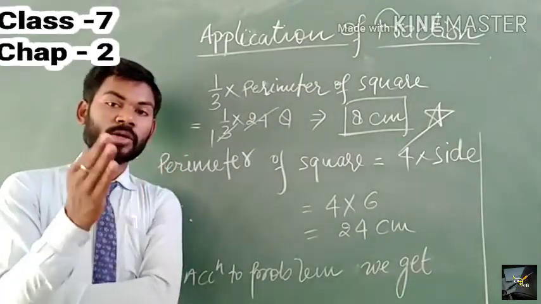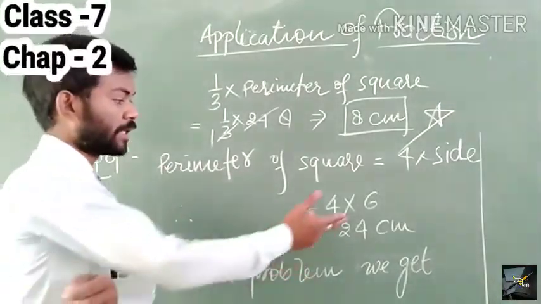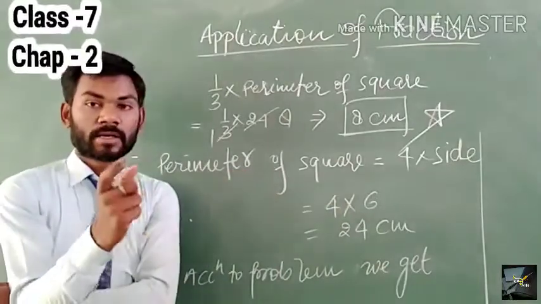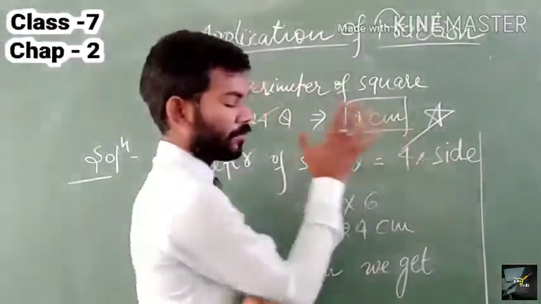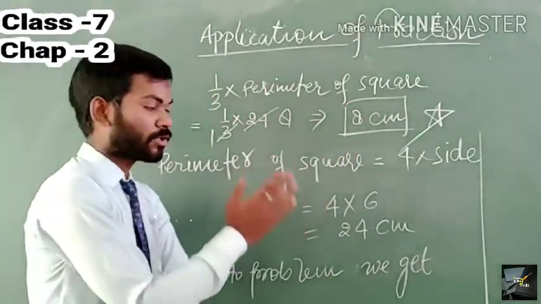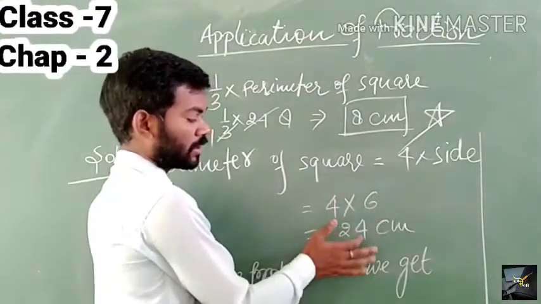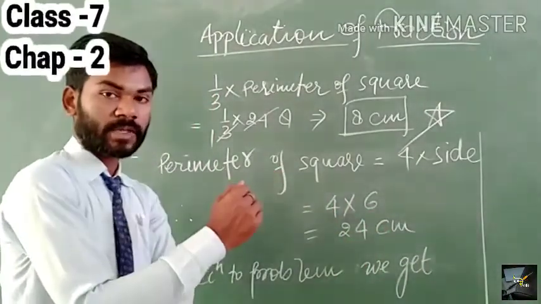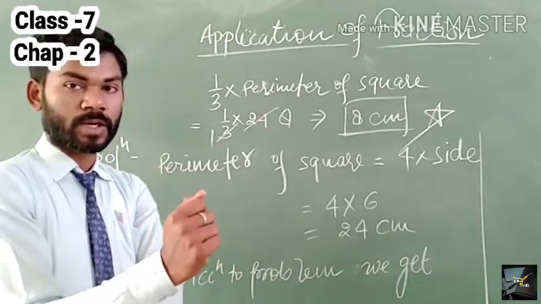The length of the side of the square is given as 6 centimeter. We also know that the perimeter of a square is 4 times the side. So now substitute the value. We get 4 multiplied by 6 is equal to 24 centimeter. Therefore, 24 centimeter will be the perimeter of the square.